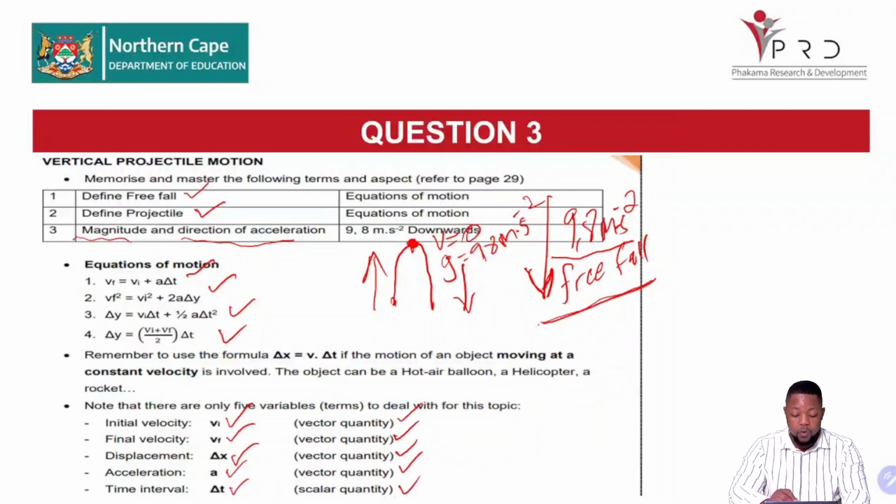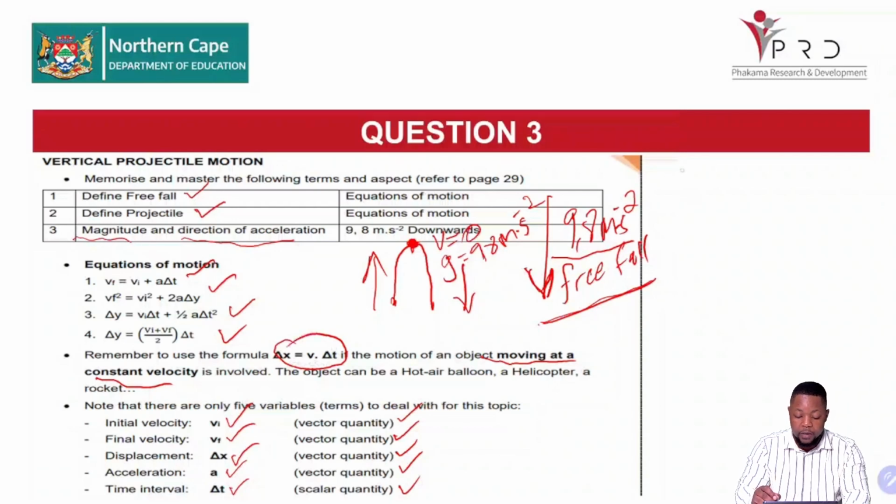Now, for your hot air balloons that are moving at a constant velocity, just remember to use the formula delta x is equal to Vi delta t. Where do we get that formula? We have the formula delta y or delta x is equal to Vi delta t plus half a delta t squared.